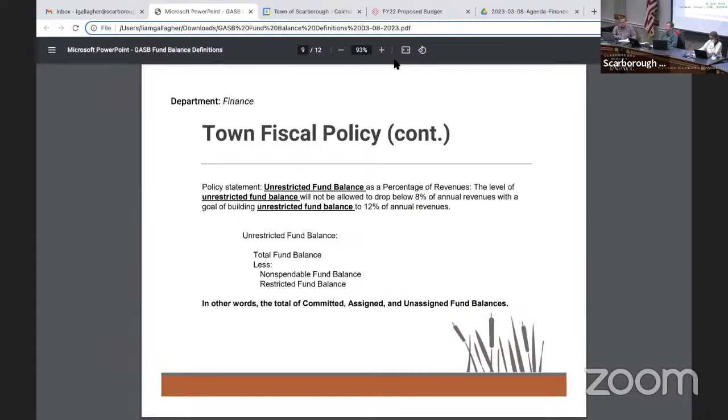Not a net, but more of a... I think you're right on target where you say our unrestricted fund balance policy is a top line measure. We're looking at our ability to have a cushion in case our revenues don't meet expectations.